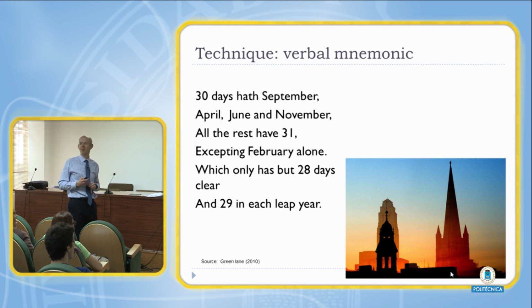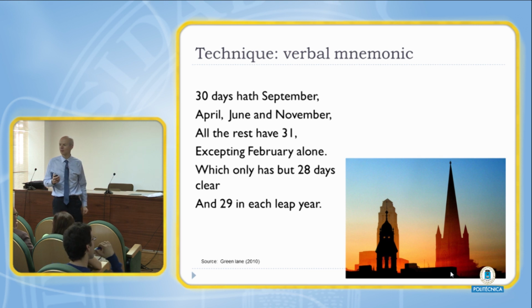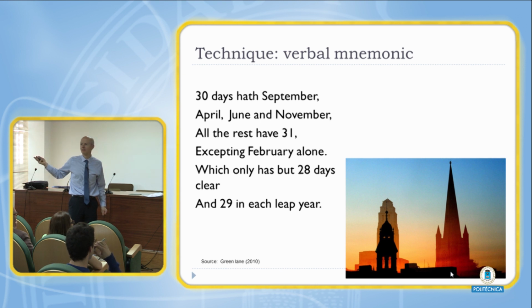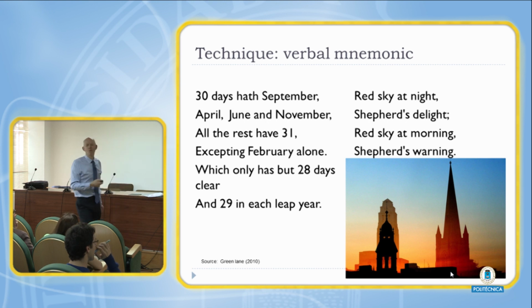Anybody? Is it a good sign if you see that or not? What's the weather going to do the next day? It's going to be pouring rain? No. Red clouds at night? Yeah. So red sky at night, shepherd's delight. Red sky in morning, shepherd's warning.